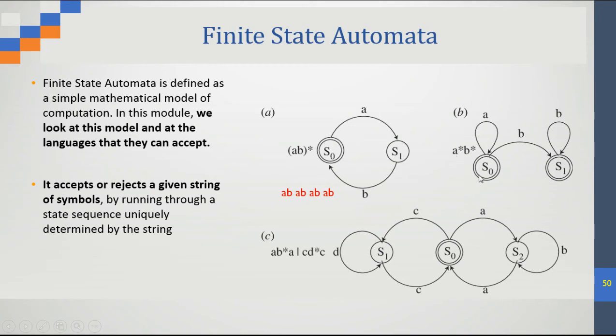In the second example, we have S0 and S2 the same, but we have more than one option here. If we are in S0, we can go for A, A, A, or P. But once we go for P, we can take only P, P, P. So this language can generate repetition of A and then repetition of P, not repetition of AP.